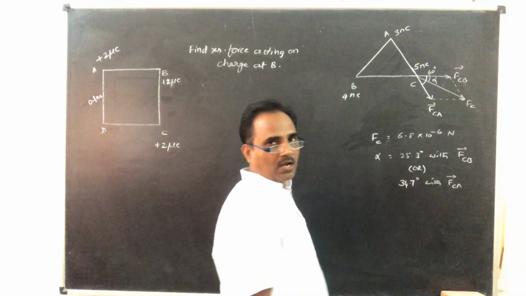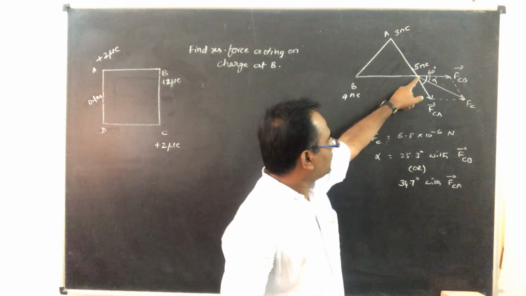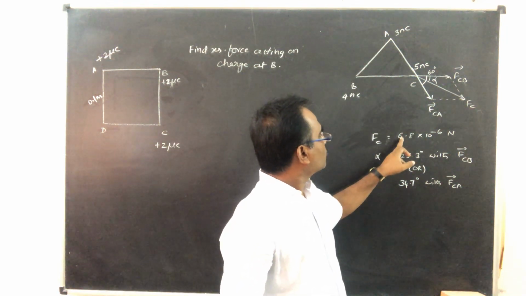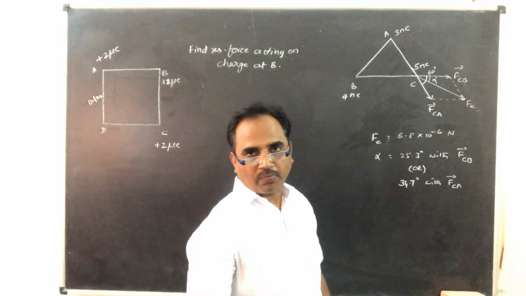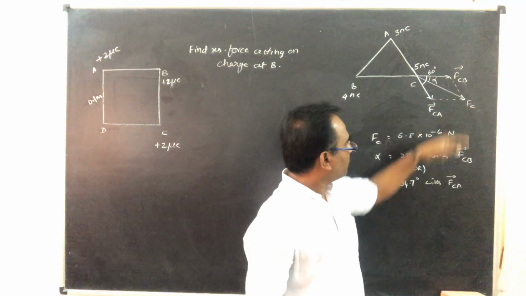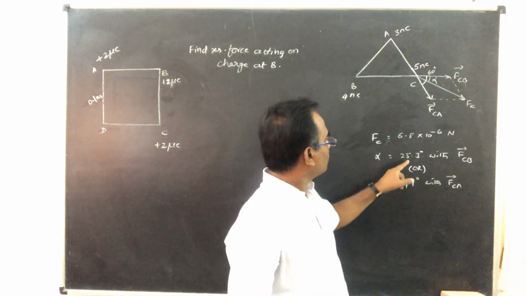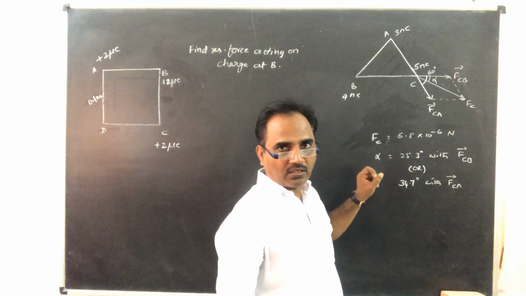So after applying parallelogram law, the magnitude of resultant force on the charge at C has to come 6.8 × 10⁻⁶ Newton. Further, the direction of this resultant force, if I take this as alpha, comes to be 25.3 degree.